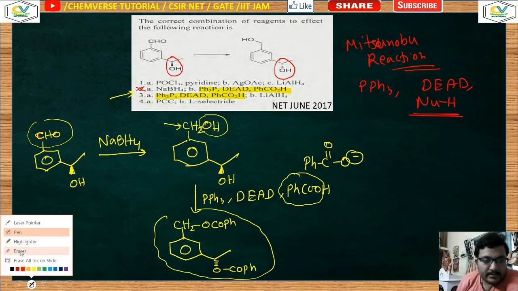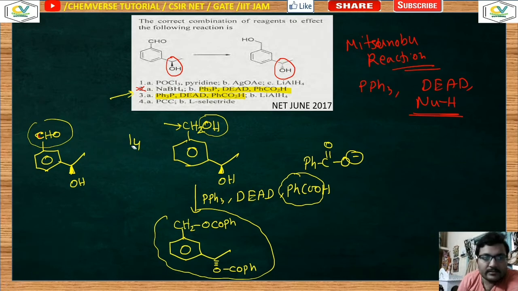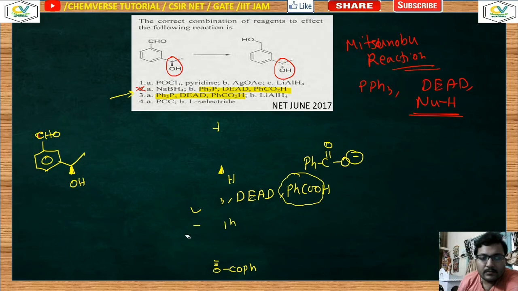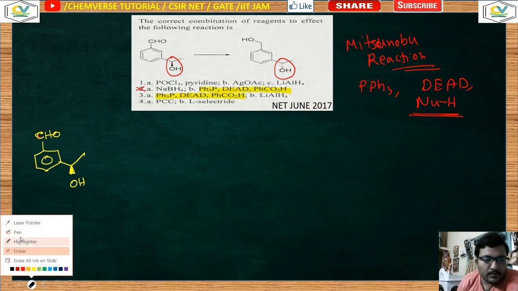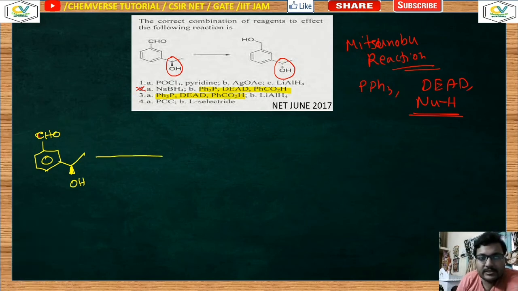So what actually happens if I erase this whole thing? Okay. In option number 3, you can find that in the first step PPh3, DEAD, and PhCO2H are present.